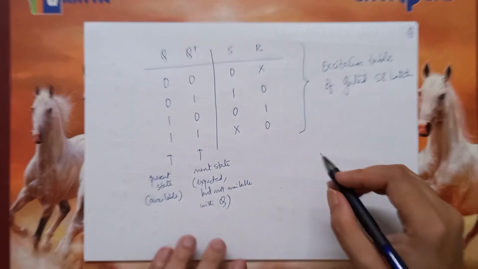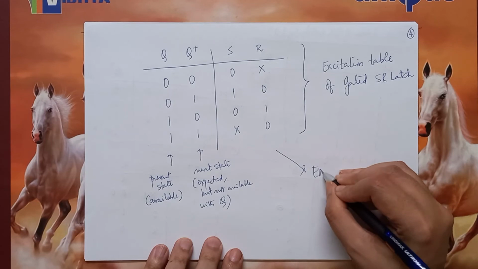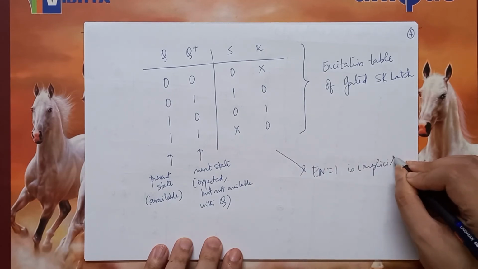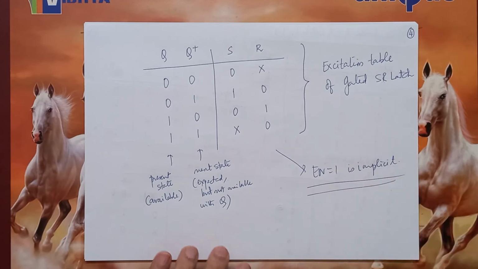The other assumption is that En equal to 1 is implicit. The enable equal to 1, that is the latch has been enabled, that is implicit.